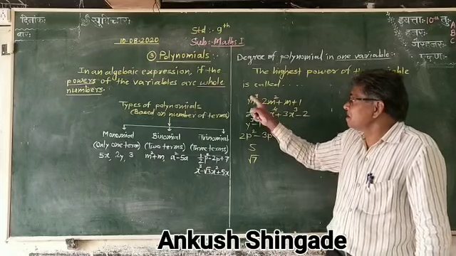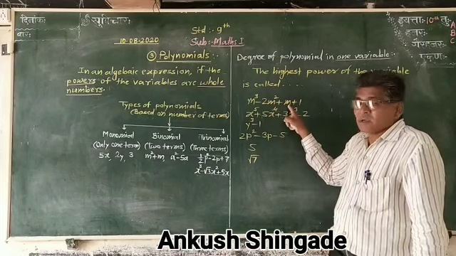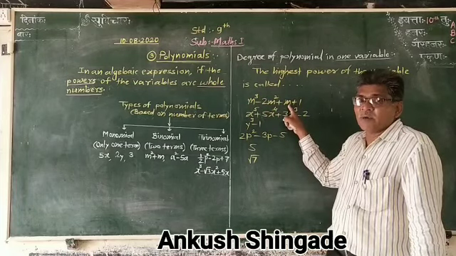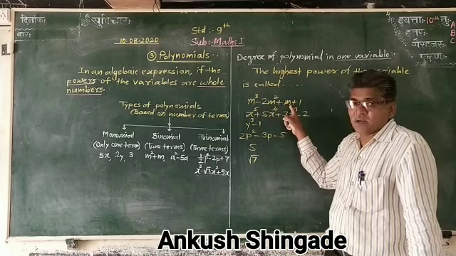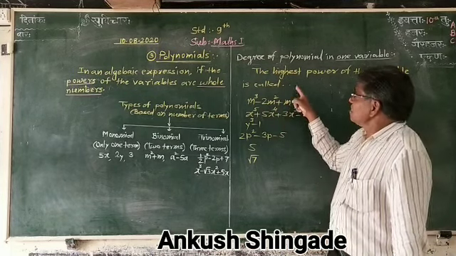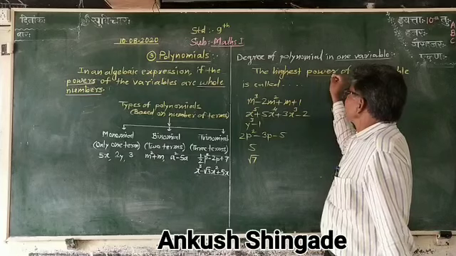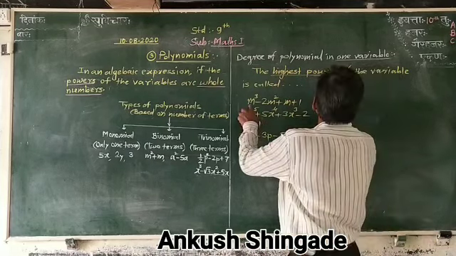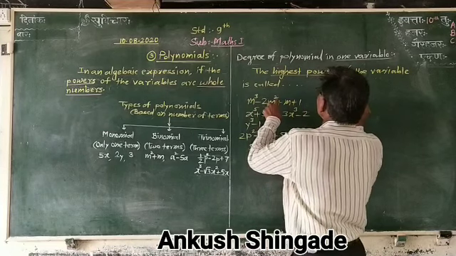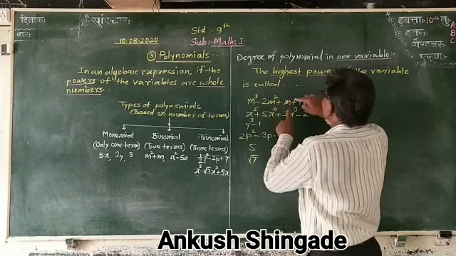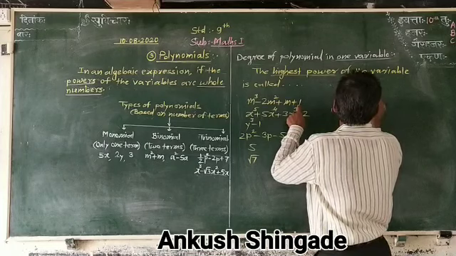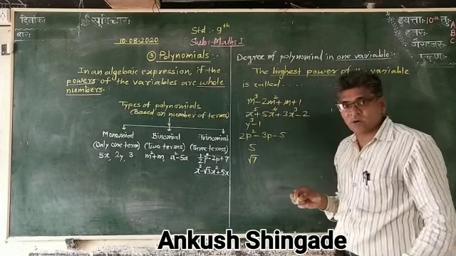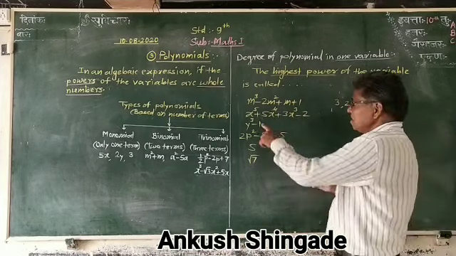Note this point. For example, m is the only variable used in this polynomial. Now the highest powers are 3, 2, m raised to 1 and 1 raised to 0. Power of 1 is 0.